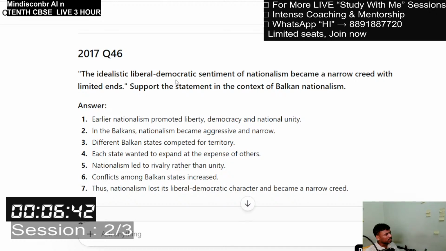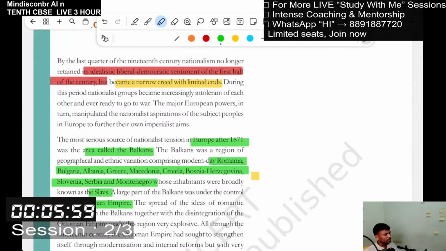It is the same sentence as that of the NCERT. This sentence can be similarly seen in the social studies textbook.